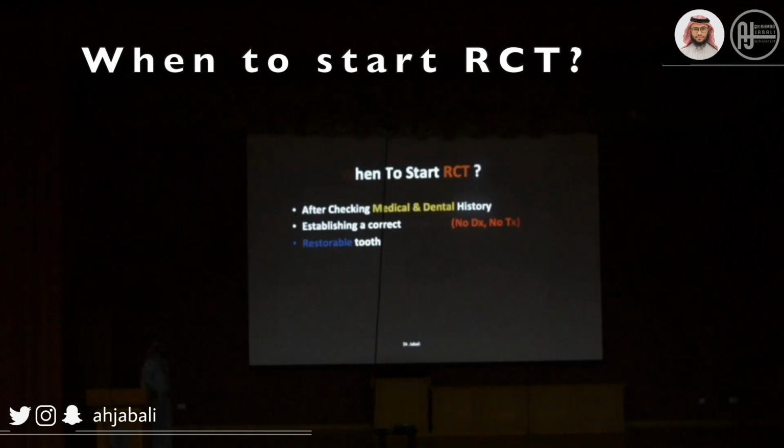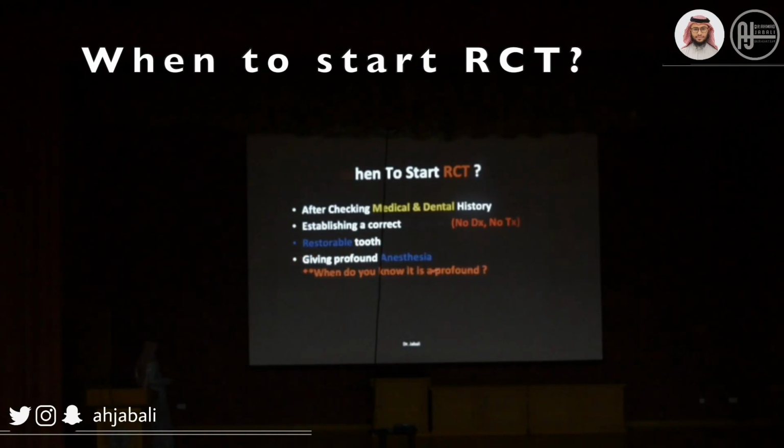Is the tooth restorable or not? In many cases, some of you start the root canal treatment for non-restorable teeth. So the tooth should be restorable before you start the root canal treatment. You might need to remove the caries, then check if the tooth is restorable or not.